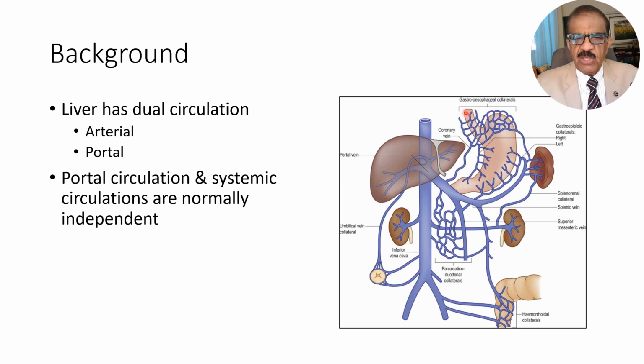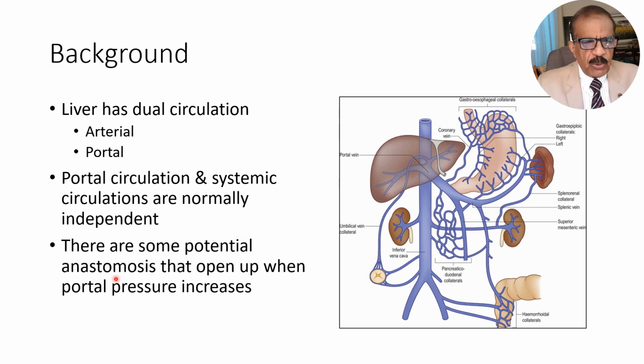These small vessels at the lower end of the esophagus may carry very little flow, but no significant flow in the normal situation. There are some potential anastomoses that open up when portal pressure increases. Normally on both sides the veins have almost similar pressure, but if there is portal hypertension, if there is obstruction here, in some cases it may be portal vein thrombosis also, but we are going to talk about cirrhotic portal hypertension.